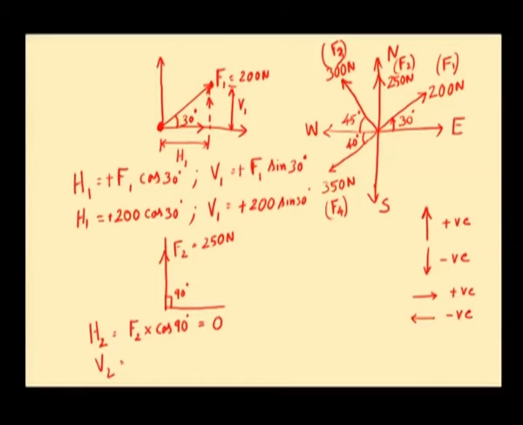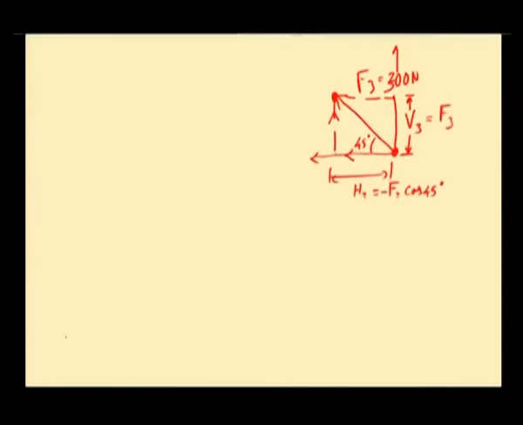Vertical component of this force will be F2 into sin 90 degree, which will be equal to F2 itself. The sign convention for the vertical component V2 will be plus, since this component acts in the vertical direction. So, V2 will be equal to 250 Newton.